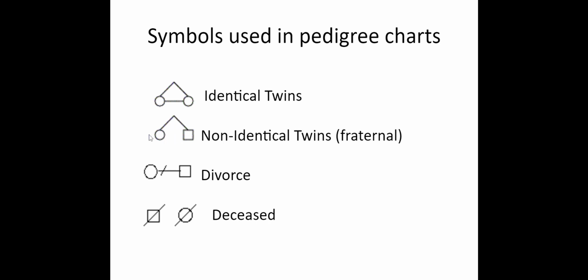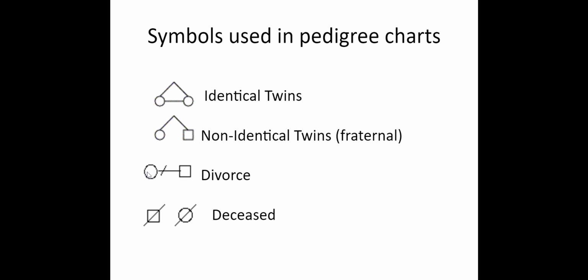But these are fraternal twins because there is no line connecting them, telling us that they are not the exact same DNA like identical twins. So a line means they're exactly the same, identical twins, and no line means fraternal twins.